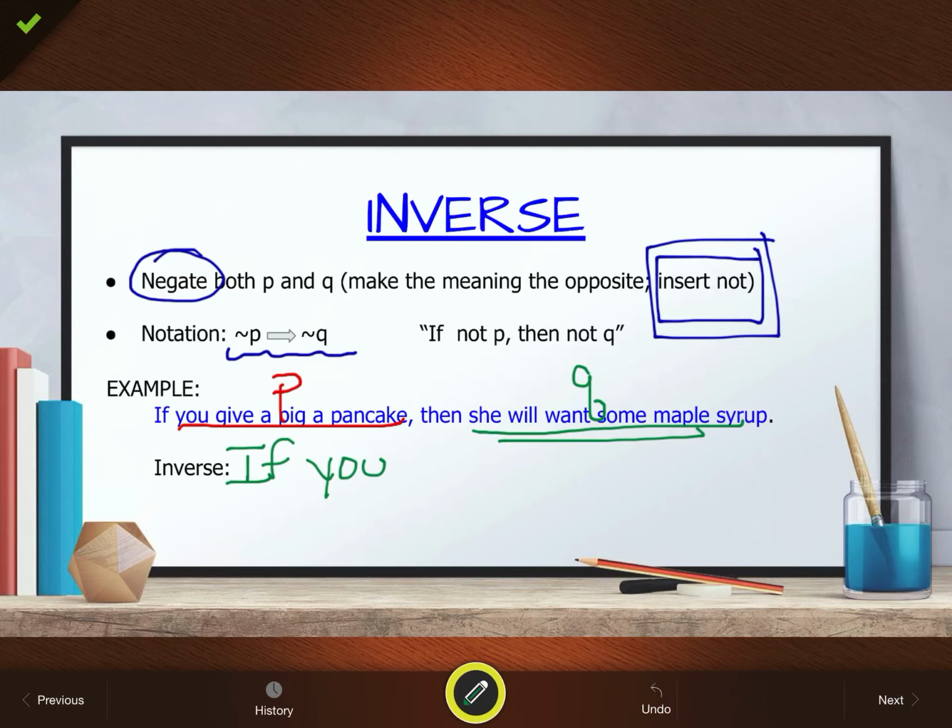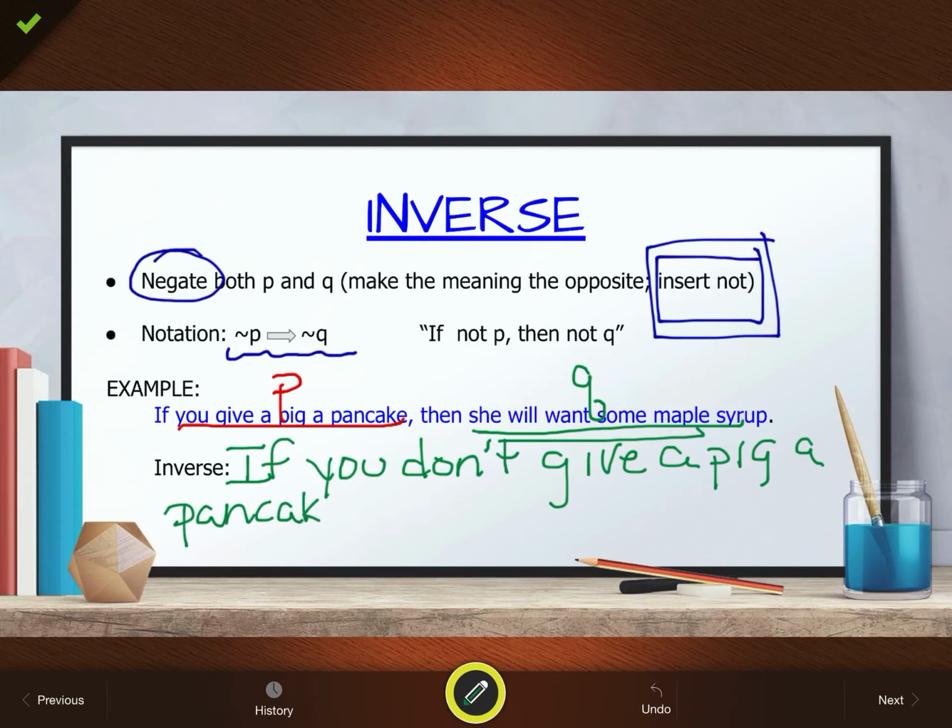We would say something along the lines, if you don't or do not give a pig a pancake. So I did insert the word not, but grammatically I tweaked it just a little so it wouldn't sound awkward or choppy or incorrect.